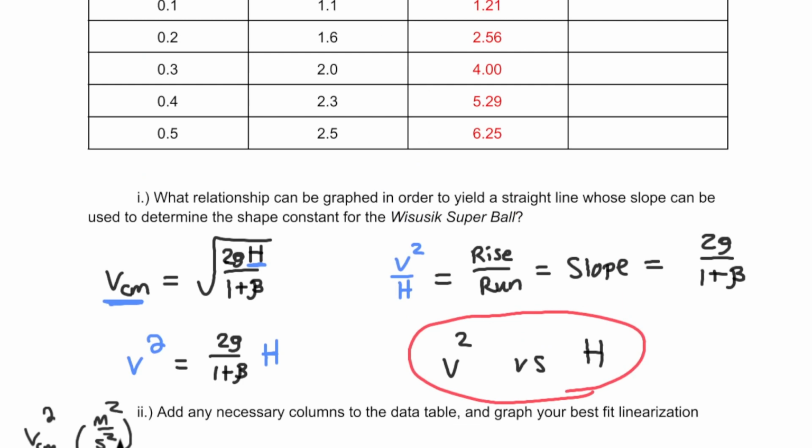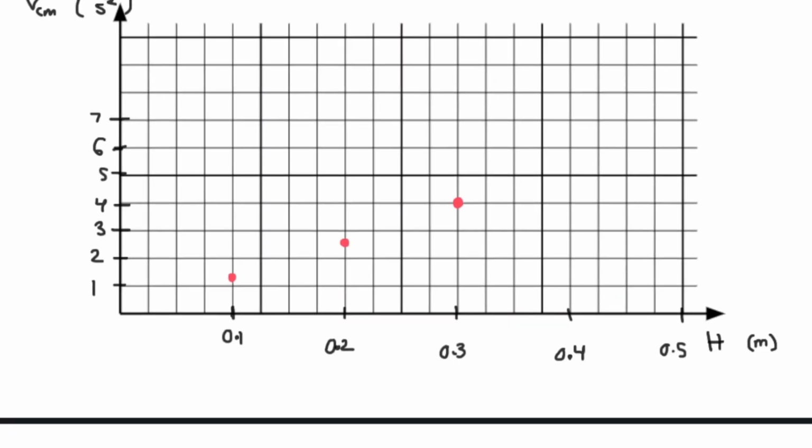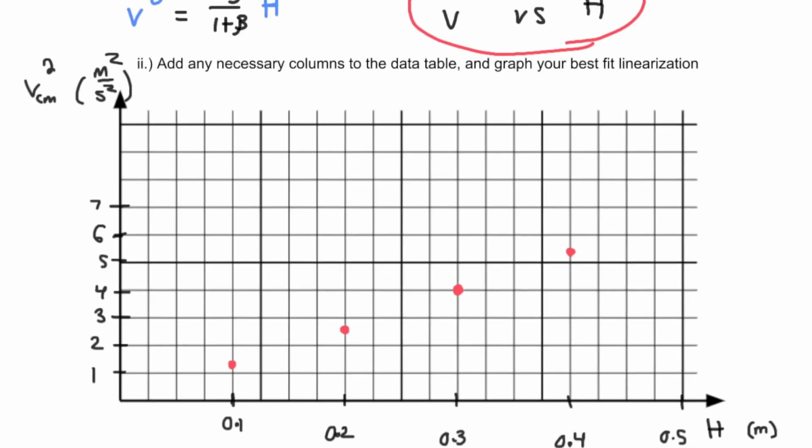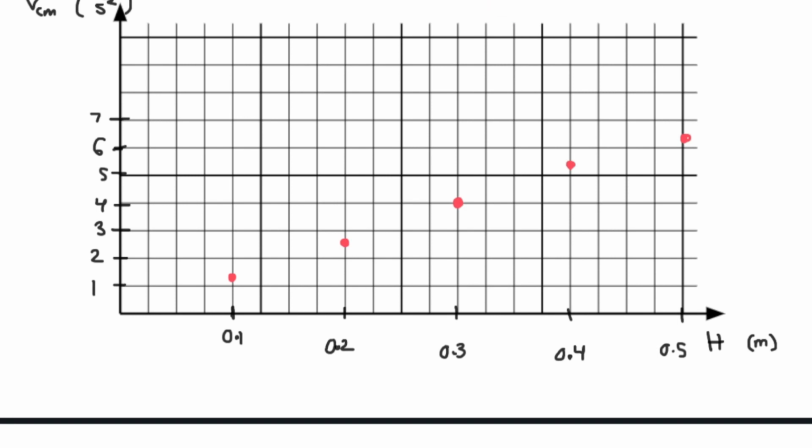Then for 0.4, we get 5.29. And you can see why they've kind of strayed away from asking us to actually plot the points, because it's a bit tedious. And then for 0.5, we get 6.25. And now we just connect them with a best fit line. So again, when you're doing this, you're trying to get about half the points above and half the points below the line.